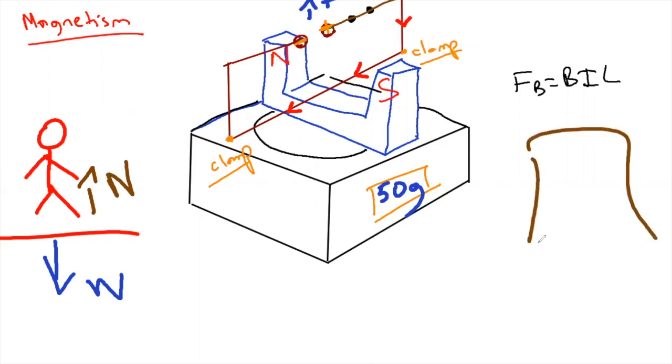Otherwise, why is it that when I'm in an elevator and the elevator is moving down, the reading decreases? Why doesn't it stay the same? Because it's not determined by W. It is determined by N, or like I said before, Fs. This is determined by this.